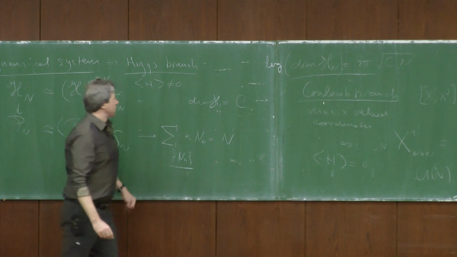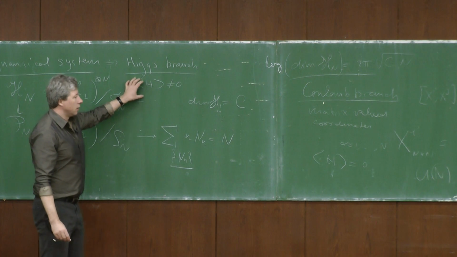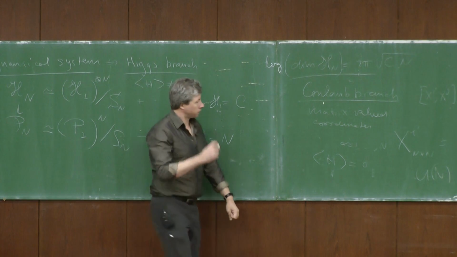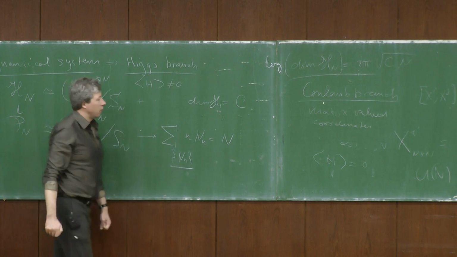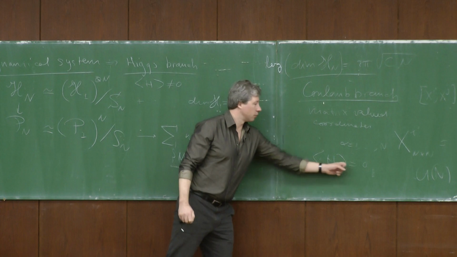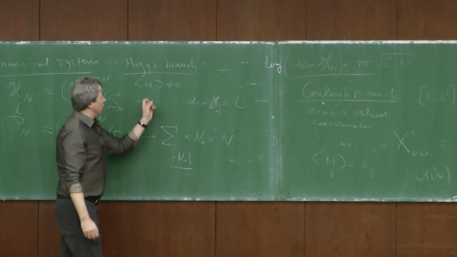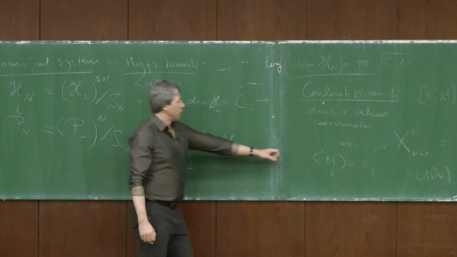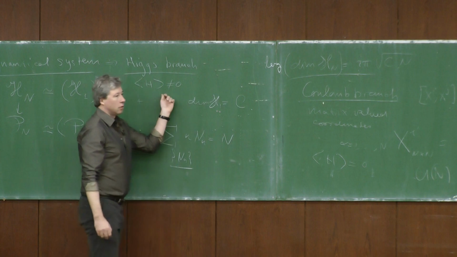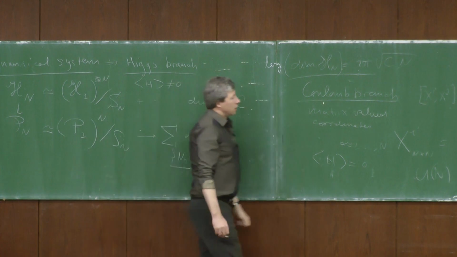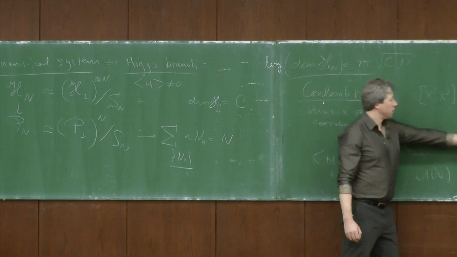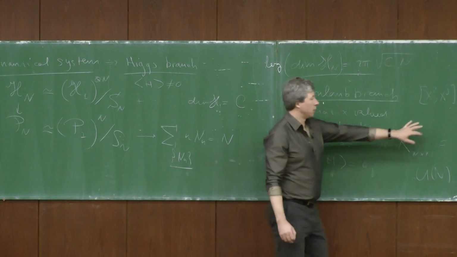But the variables which I started from can also be in the fundamental representation. And if the expectation value of such a variable is not equal to 0, it turns out that these eigenvalues cannot move freely, but if it's 0, then they can move freely.